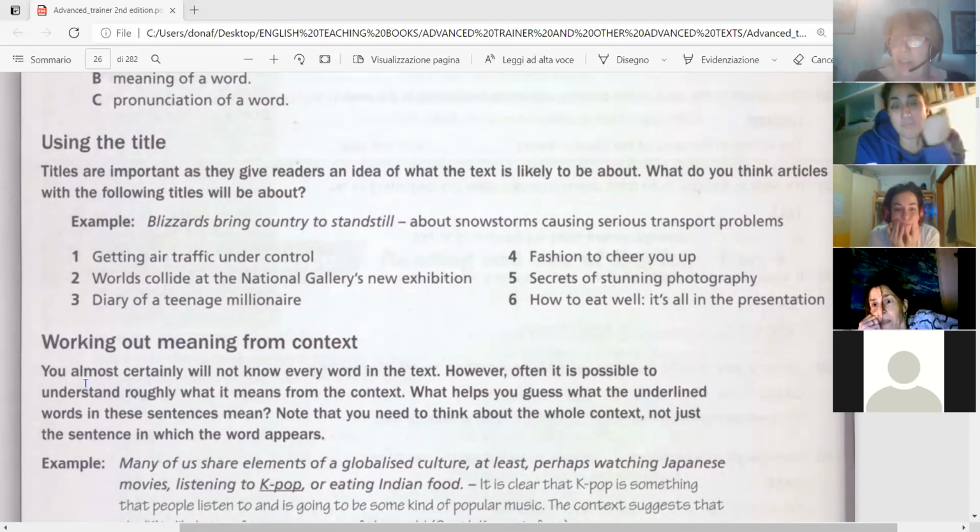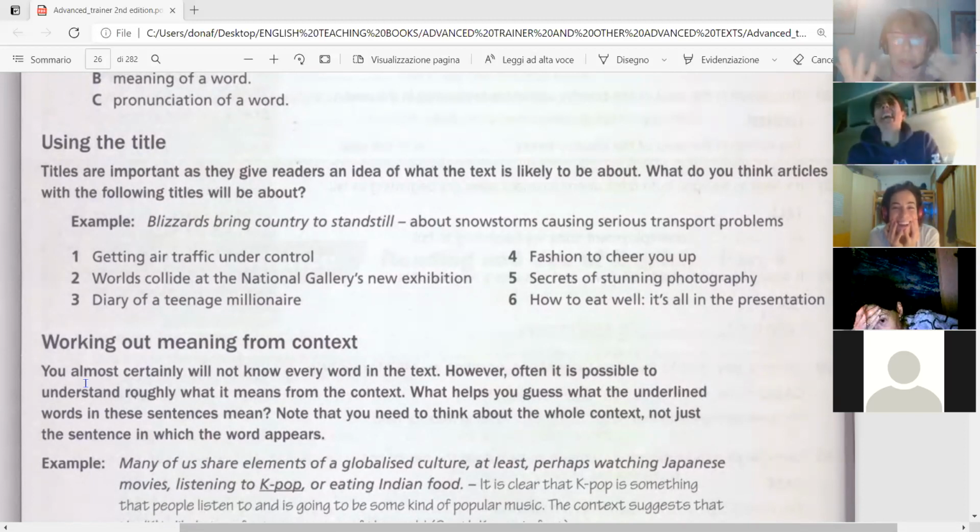If we say diary, it's about the thoughts of a particular person, probably a person that has got success and everything, who is talking about his or her life.